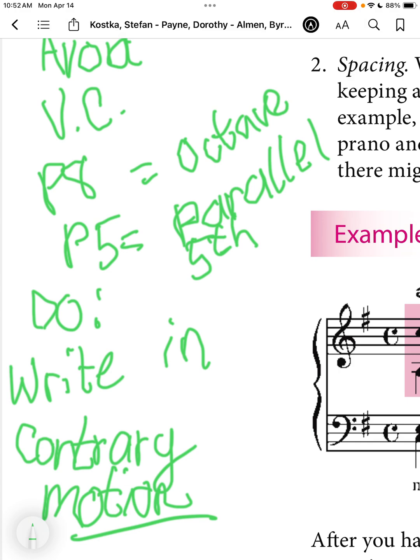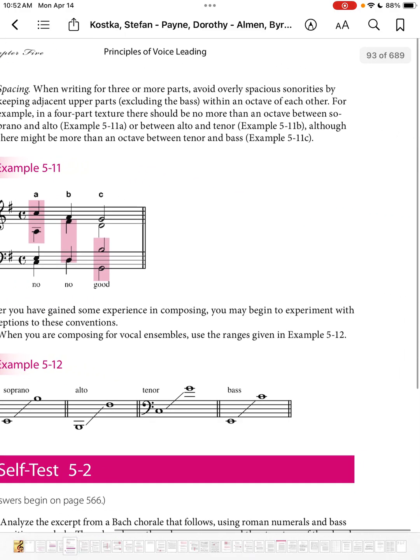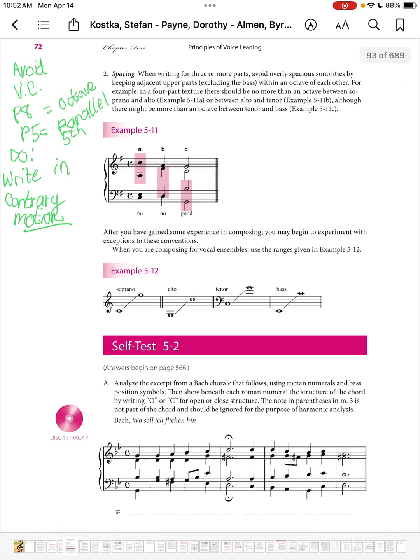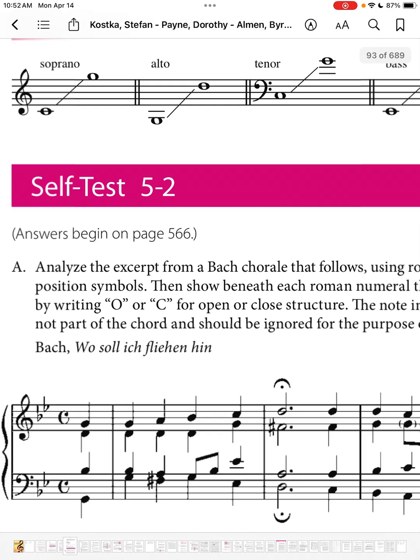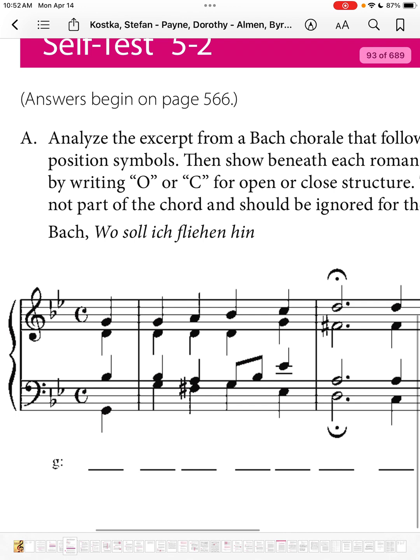I think that's a few rules I remember from back then, and I'm probably going to see that in the upcoming chapters. Okay, I should do the self-test, just to make sure we're on the same page.